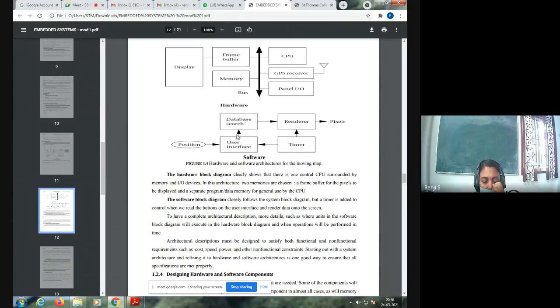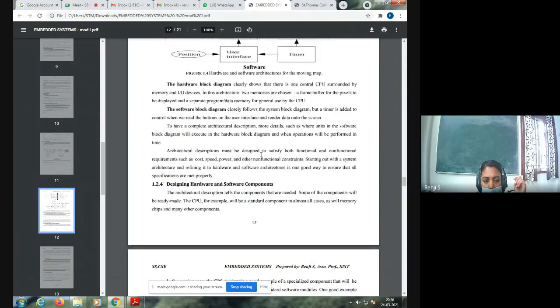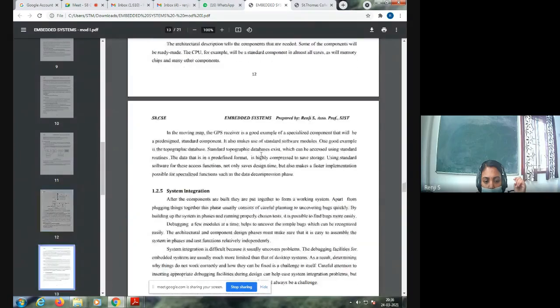Hardware components as well as software components together form the components of an embedded system. In software, we have different modules like database, renderer, user interface, timer, etc. These are the different components that make up the structure of the system.